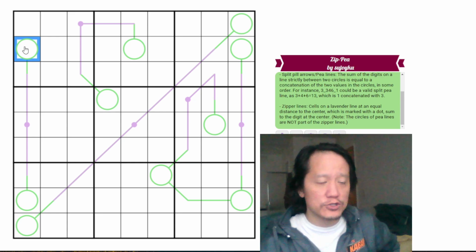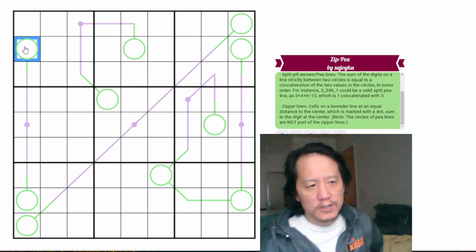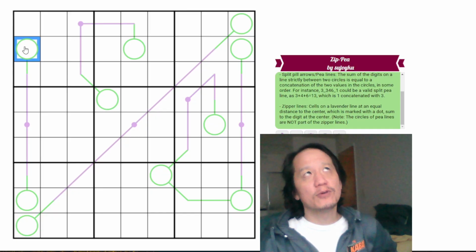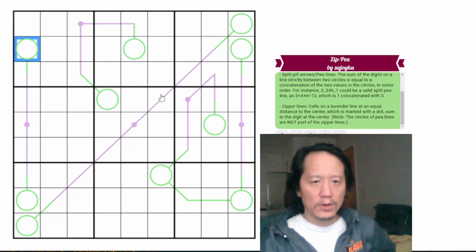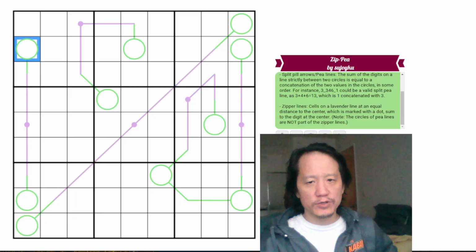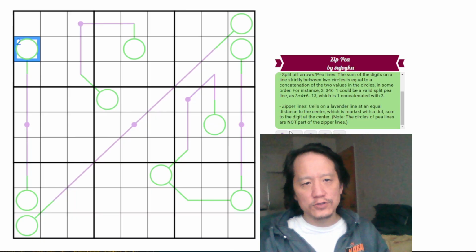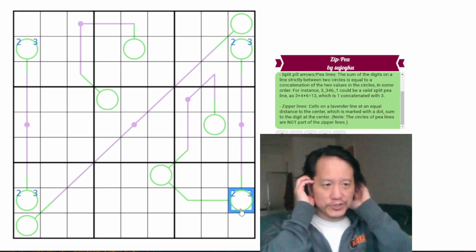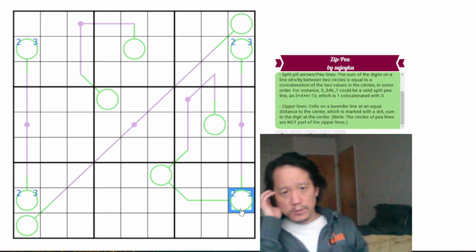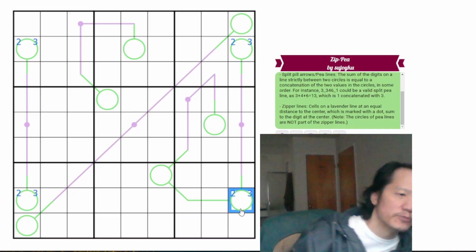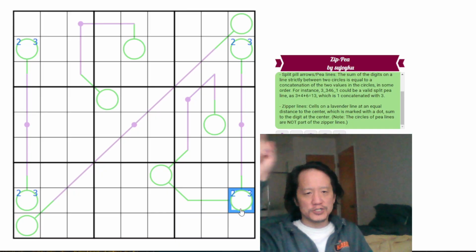Could be like 32, or I don't know, 23 probably also works. So that's for 5 unique digits, and that will work for here. So one of these is 2 or 3. And then you have a 2 or 3 in one of these because it must add up to 20-something or 30-something. But we don't know which one it is, and we don't know which digit it is.